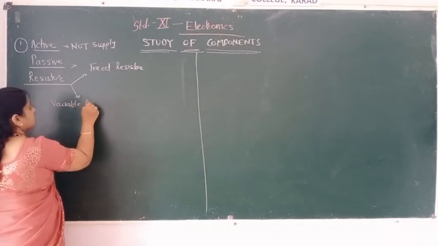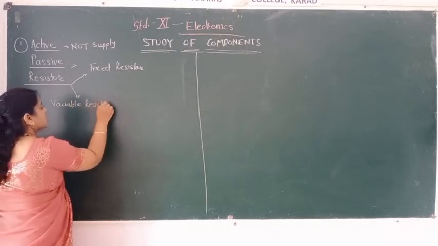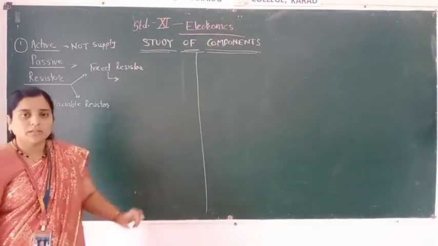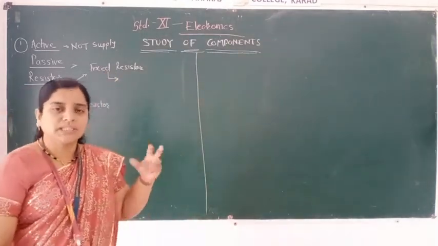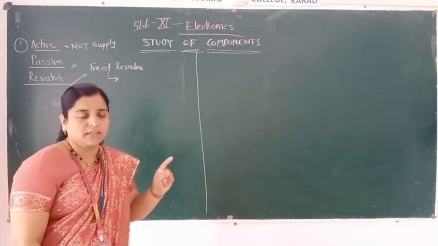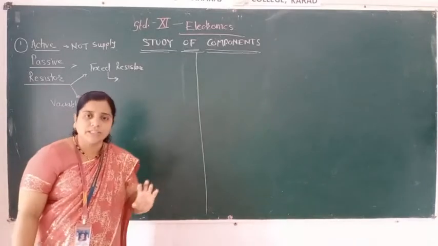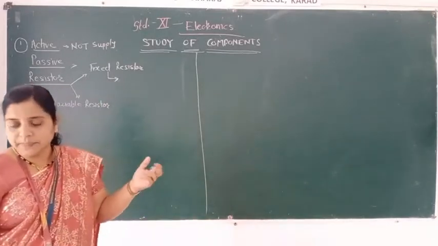We will see the symbols later on. Fixed resistors are those resistors whose values are fixed, not variable, and do not change. And a variable resistor means the resistor's value always changes. It is not fixed.